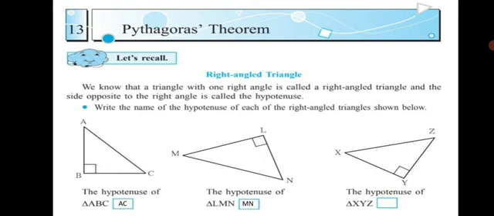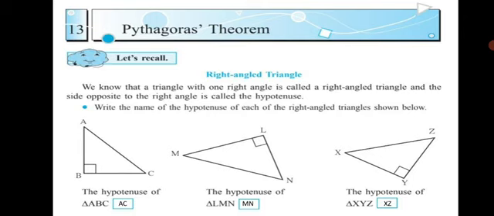Next, in triangle XYZ, we can see that angle Y is 90 degrees and the side opposite to angle 90 degrees is the hypotenuse. So we can say that the hypotenuse of triangle XYZ is XZ. So here we got all three answers. You can note it down in your textbook on page number 87.